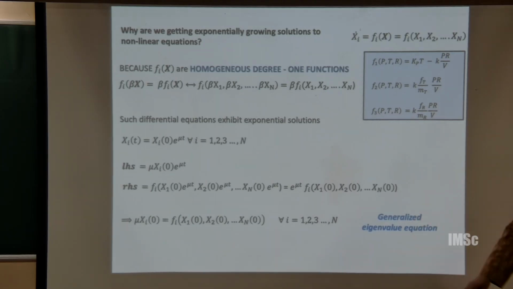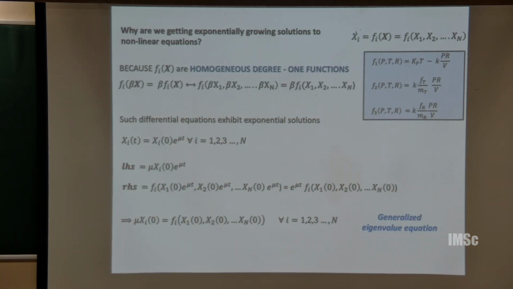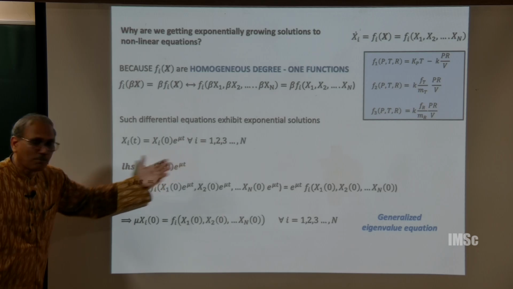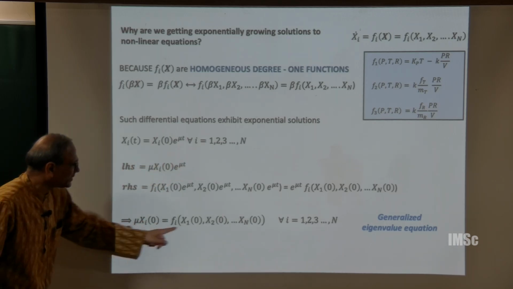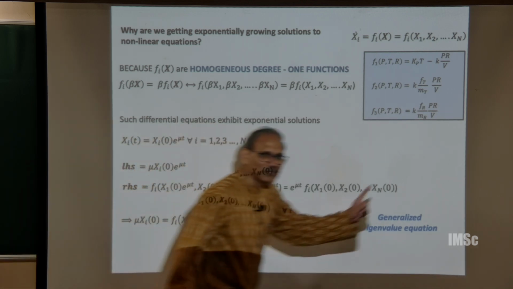Okay. Is this clear? That whenever you have a set of functions which is homogeneous degree 1, they will always admit an ansatz like this as an exact solution. And what this is telling you is that this will be an exact solution provided your mu and your xi of 0 satisfy these n equations.